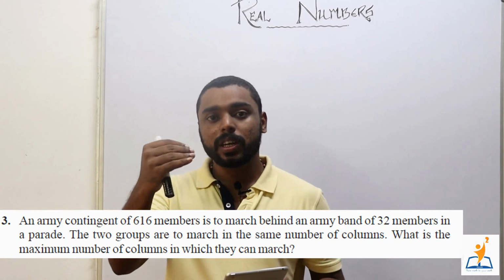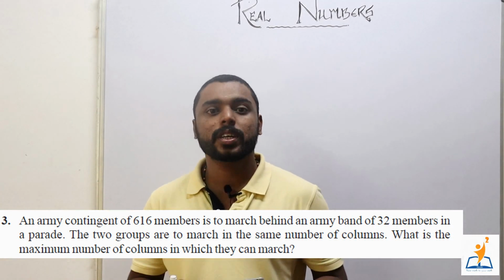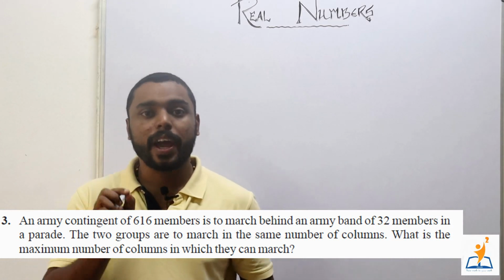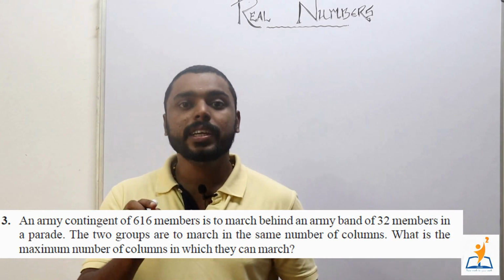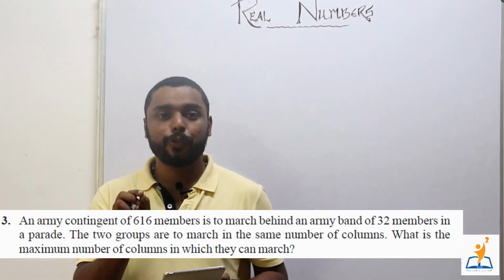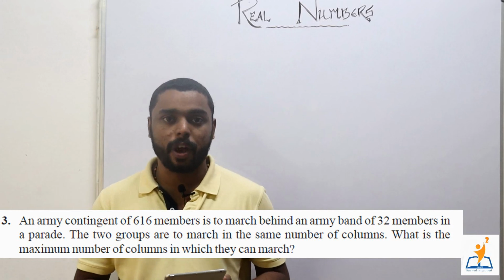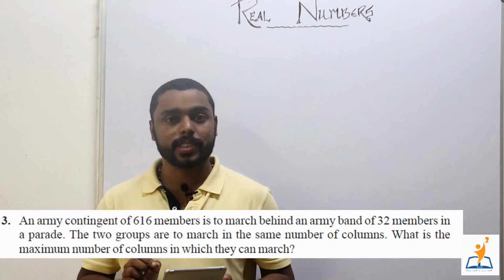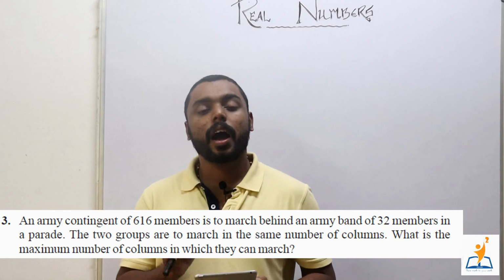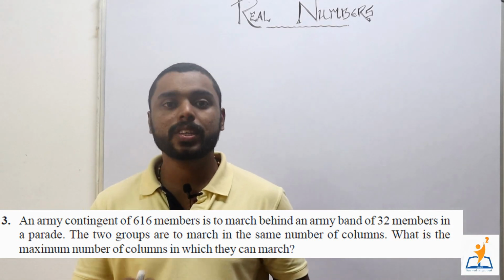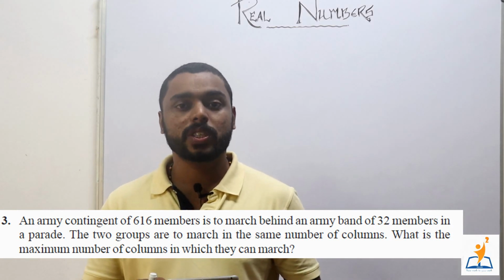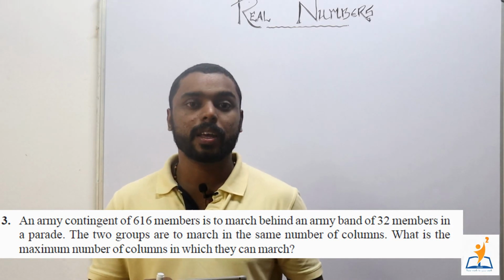Since both groups should have the same number of columns, the factors must be common and it should be the maximum. So we should find the highest common factor of 616 and 32. Now how can we find this? The highest common factor of 616 and 32 can be found out by using Euclid's division lemma.